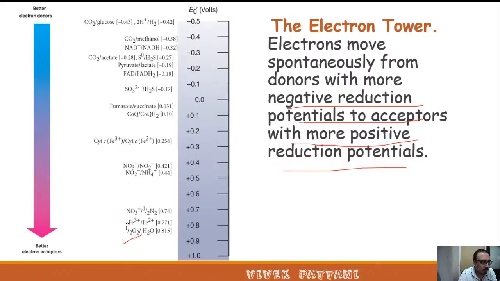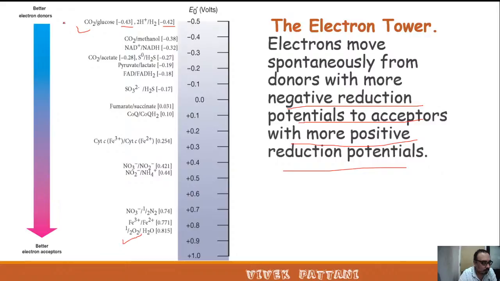And the ones above, such as carbon dioxide and hydrogen, are electron donors. They are the best electron donors, and the value E0 in volts is given for each of the donors also.